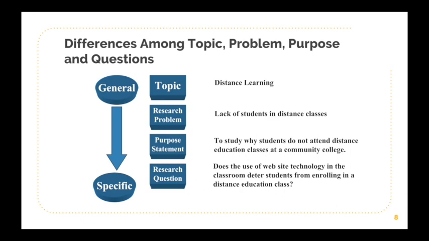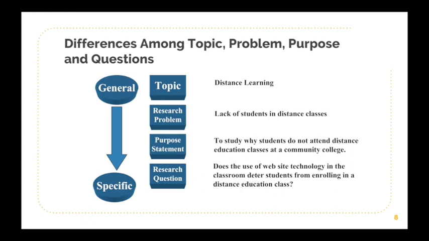In the classes, all students may have different capacity. Any student can do that, and any student will need help to find the problem. And then the purpose statement: the study is why students do not attend distance education classes at the community college.